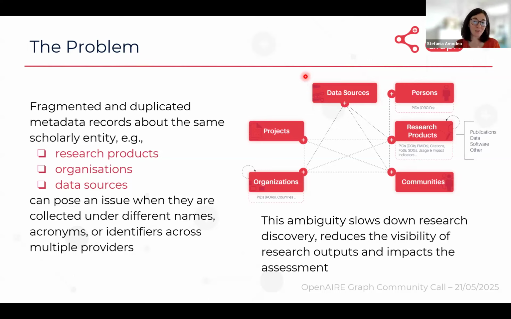So you can understand that having unambiguous records and information related to these records is absolutely crucial for the quality of the graph itself.